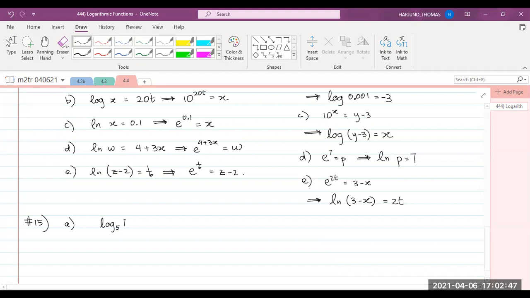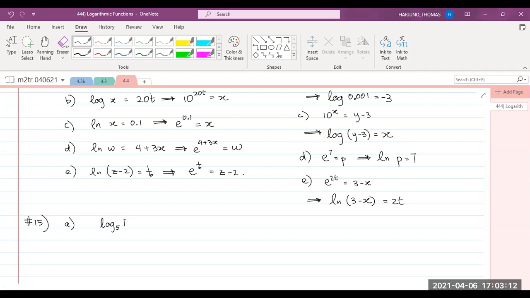If you happen to memorize the basic properties, then you can just answer this directly. Now, what I will do right now is to develop those basic properties. After this number 15, we will have basic properties for you to memorize. And the work is basically done in this number 15.